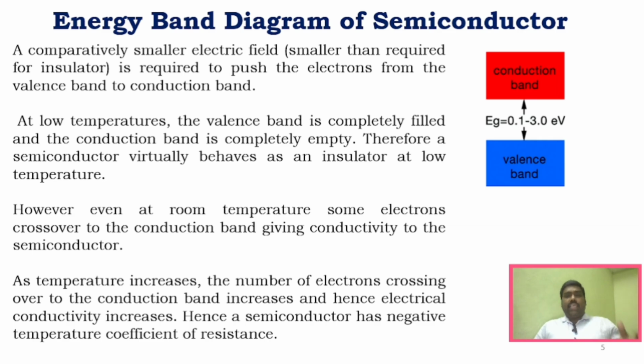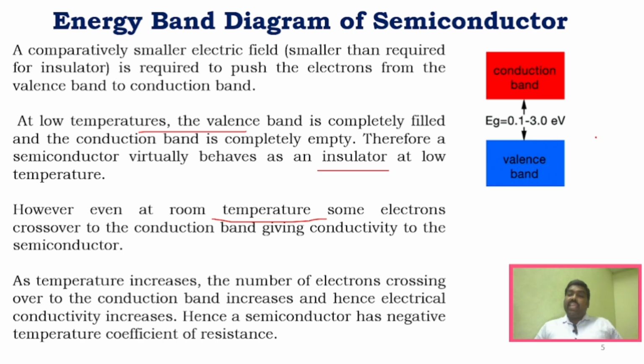And as I said before, you can see that the electrons at zero temperature will not be able to reach the conduction band. That is why it will behave as an insulator, whereas at room temperature conductivity starts, and with increase in temperature the number of electrons reaching the conduction band increases, right?